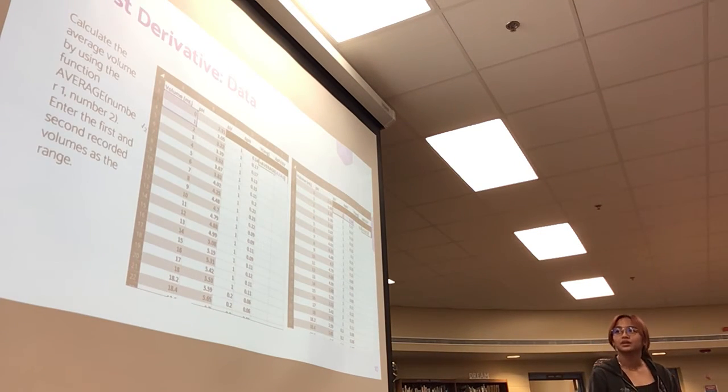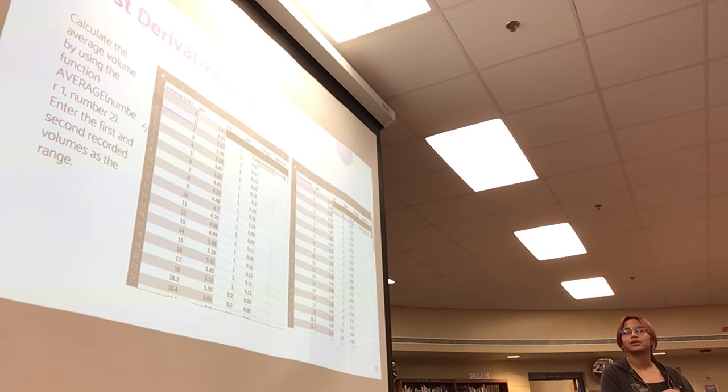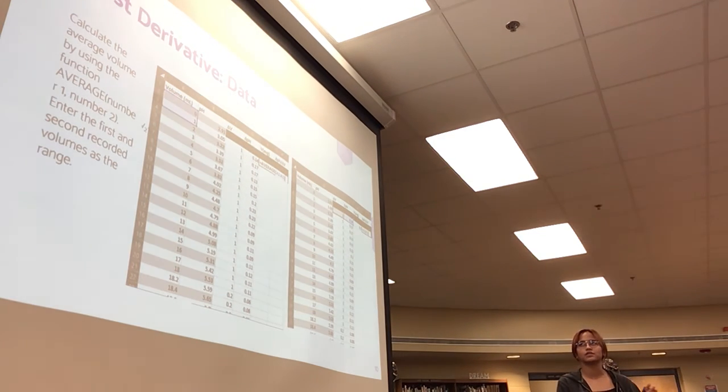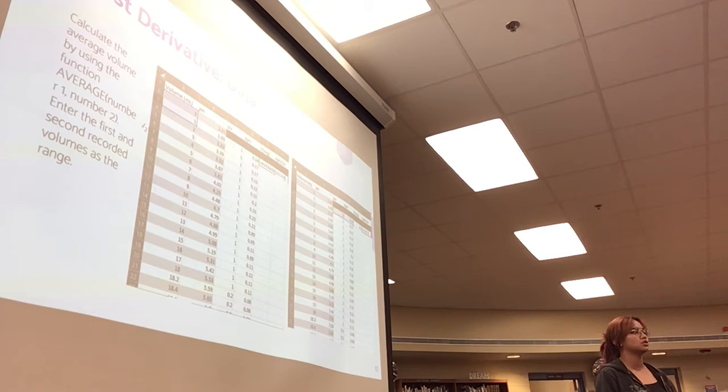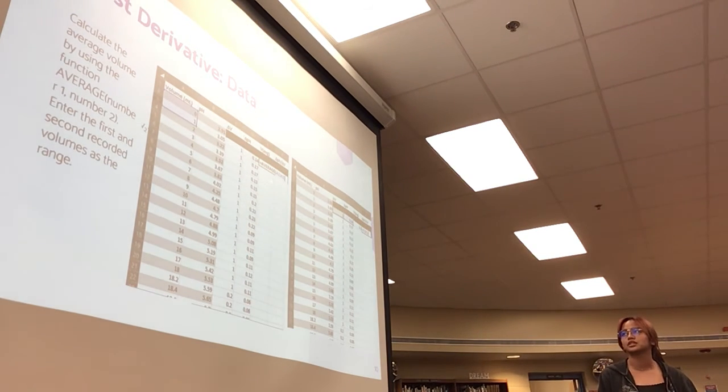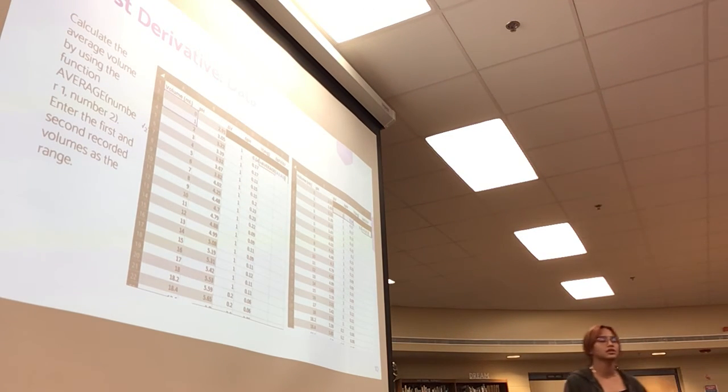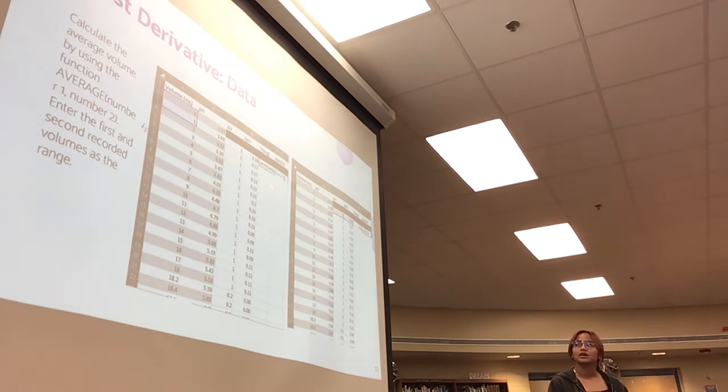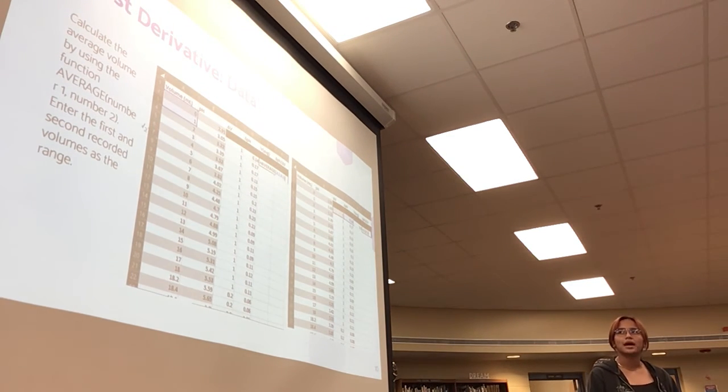Okay, so now that we have found our data points that we need to derive our instantaneous slopes at each of the average volumes between the two cell increments, we have to find the average volume between those two cell increments. So you're basically just going to use the average function. You hit equals, type out AVERAGE in all caps, and then this is the formatting for your function. It's number 1 and number 2.